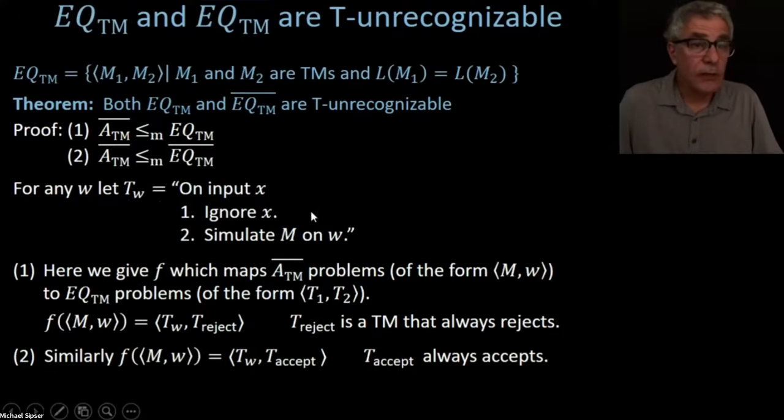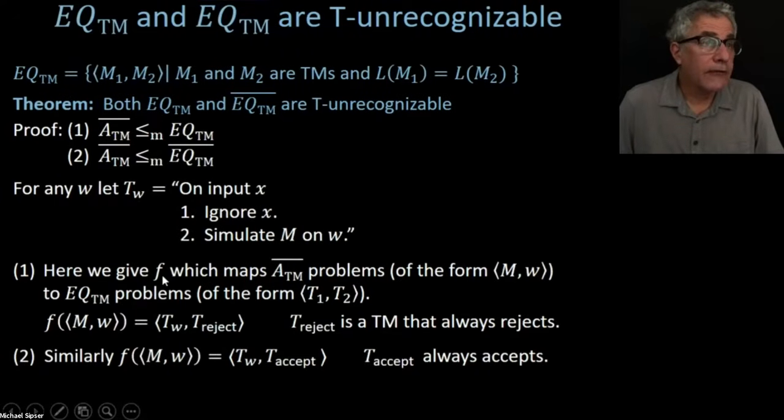If M rejects W, T is going to reject everything. So it copies the behavior of M on W onto all inputs. And the way I describe that machine TW is it ignores its input. Whatever the input is, it just simulates M on W. You could easily, given M and W, build the machine TW. It just always runs M on W, no matter what input it gets.